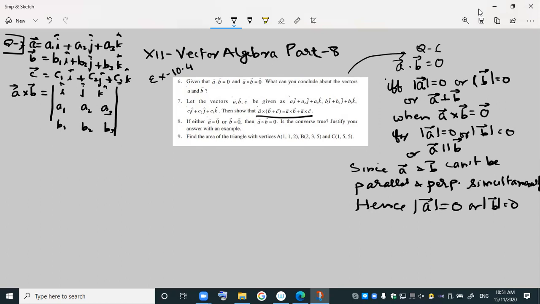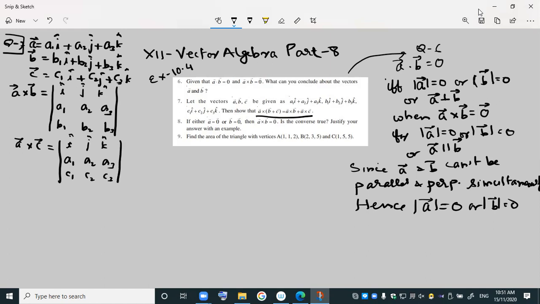This will be A cross B. Similarly, right hand side is also A cross C. So A cross vector C will be equal to the determinant i, j, k, A1, A2, A3, C1, C2, C3.